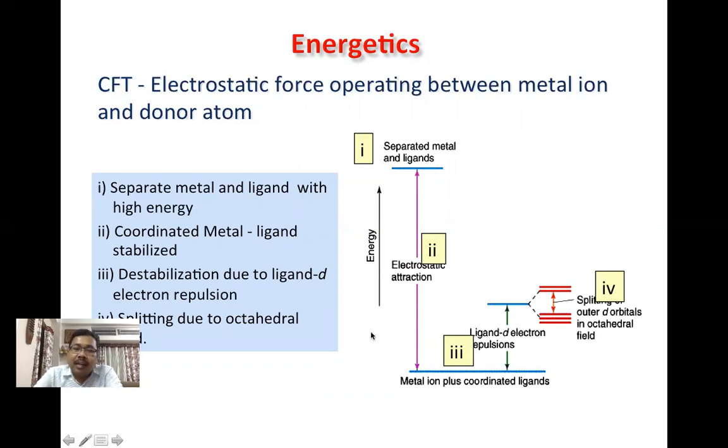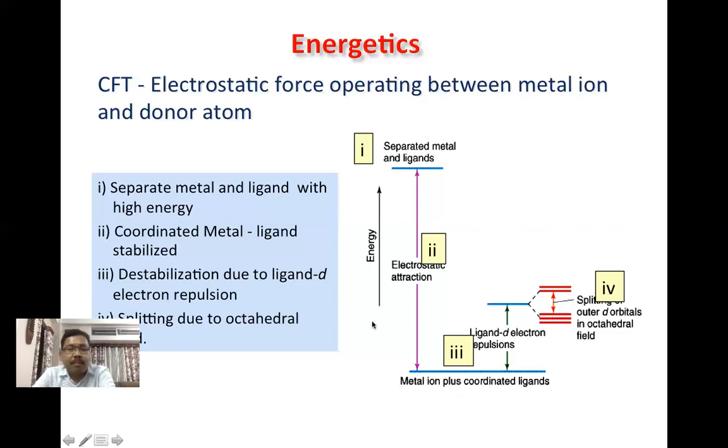So here is an energy diagram for this system. It is seen that when the metal and the ligand are separated from each other, the energy of the system is very high. But as soon as they form a metal complex by forming a coordinate covalent bond between the metal and the ligands, the energy of the system reaches the minimum.